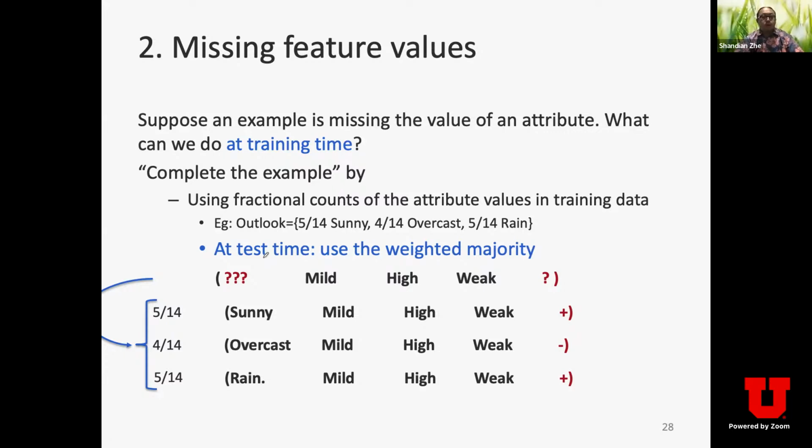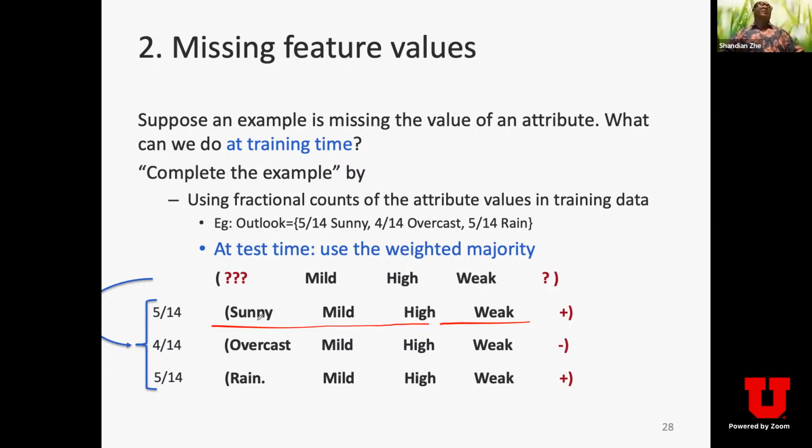I break this test example into 3 fractional test examples, where each takes a different outlook value. Now I can throw each into my decision tree to get a prediction, and then according to the fractions, I can count in total how many are predicted as positive and how many as negative.